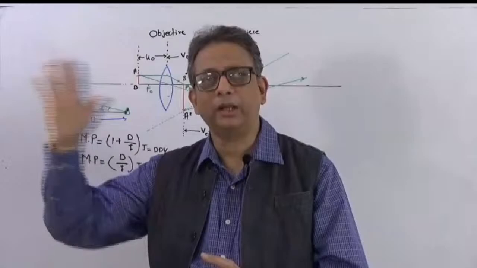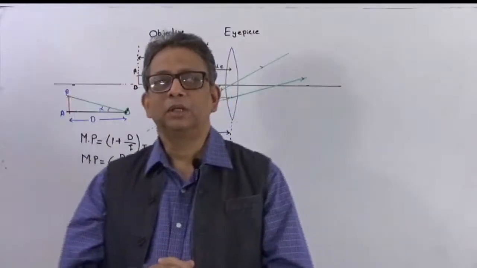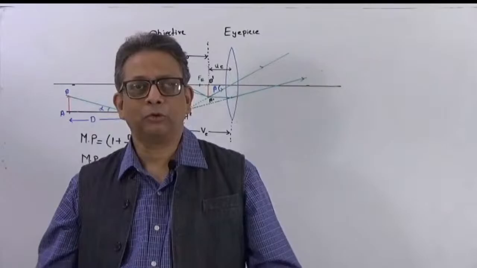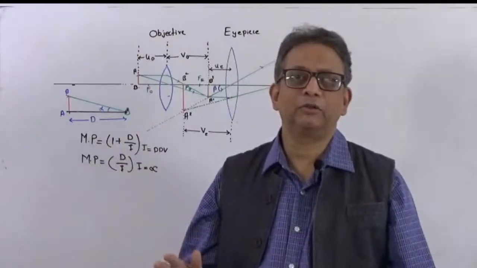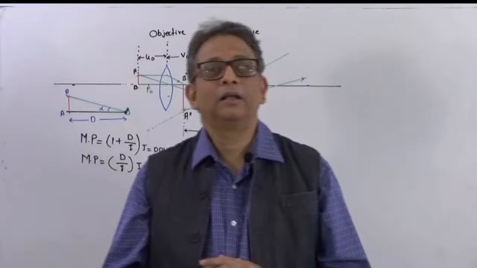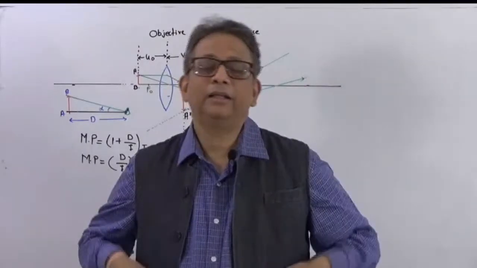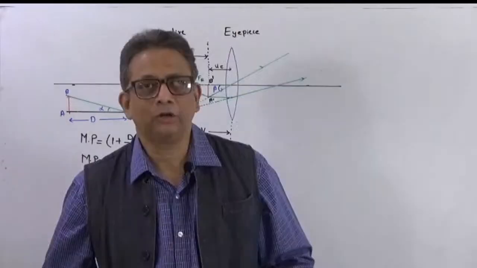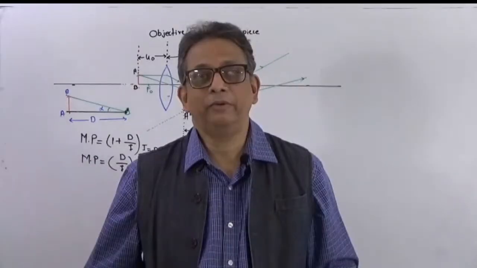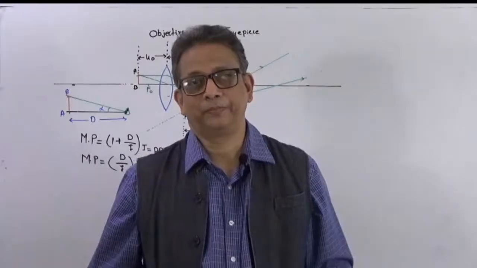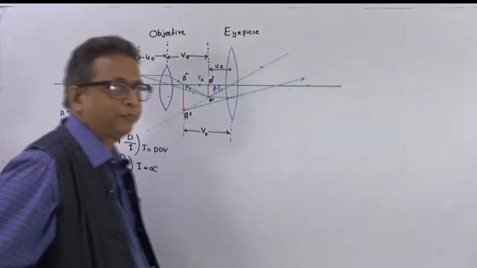So don't get confused about why, for a compound microscope, there is some new relation. There is no new relation. It is the old relations of the lenses, but we are trying to represent them in terms of the definitions of a microscope, the construction of a microscope, the parameters of a microscope, in which DDV plays a very important role. Got it?